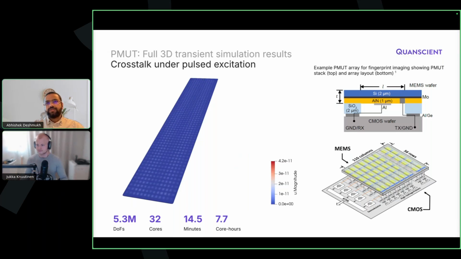Honestly, that's a new topic for me in itself, but what I can comment on is that we have this multi-physics framework where you can apply any physics, including electrostatics or current flow or anything that you need for that kind of application.